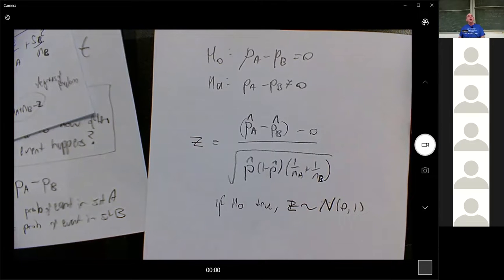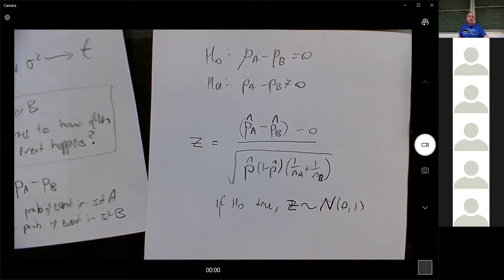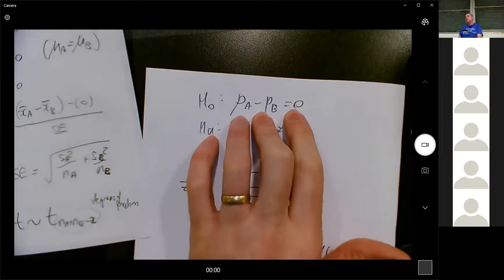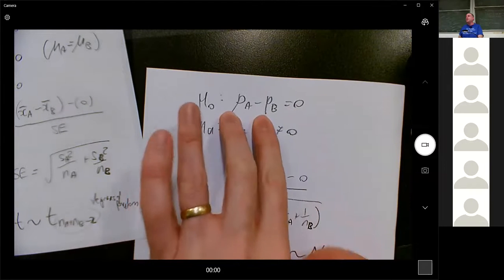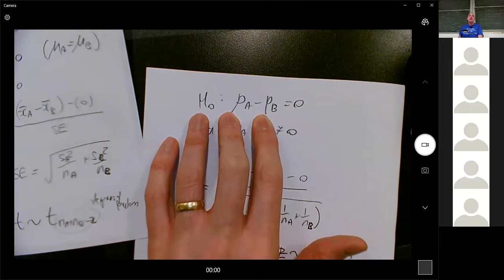So I just want to point something out. When you're doing proportions, you do a different thing when you're doing a hypothesis test than when you're doing a confidence interval. I know that I said that the confidence interval and the hypothesis test use the same data, and they do. It's just technical details. If the null hypothesis is true, then these two probabilities are the same. And situation A or situation B doesn't make any difference to what the probability is.